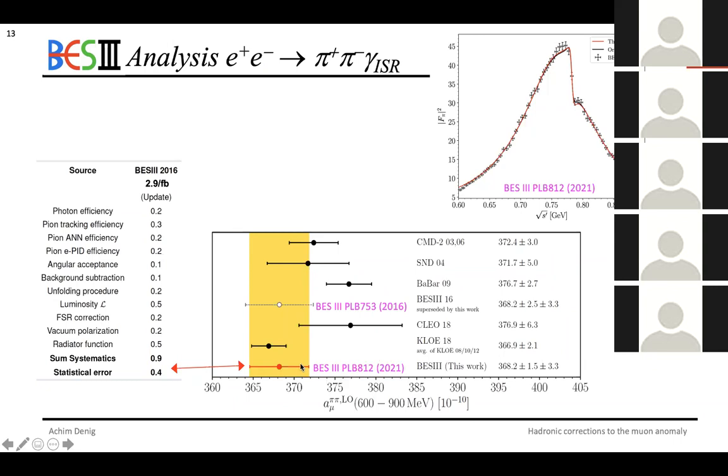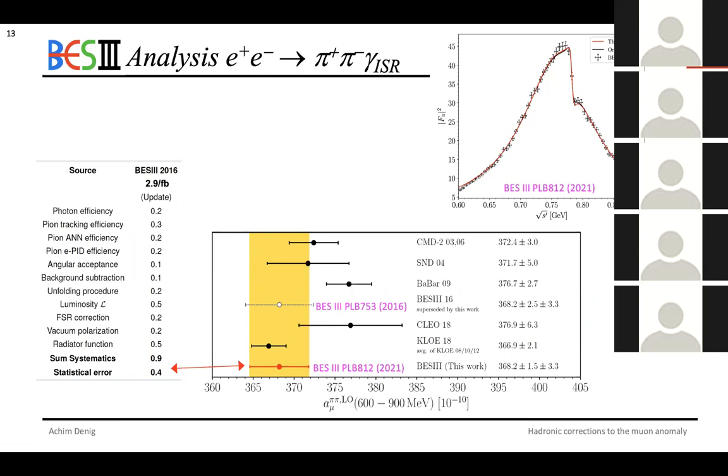You see here the BESIII uncertainty, with 0.9% systematic accuracy, not yet competitive to the high accuracy analysis of KLOE. This is a combination of 3 KLOE measurements and of the BaBar measurement from SLAC.